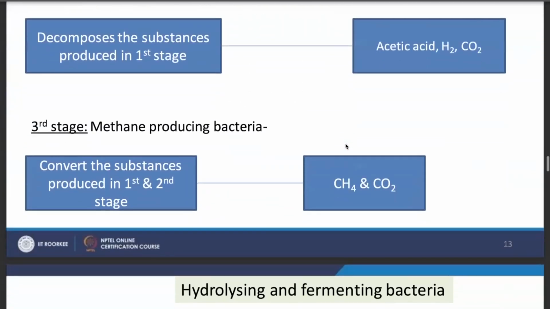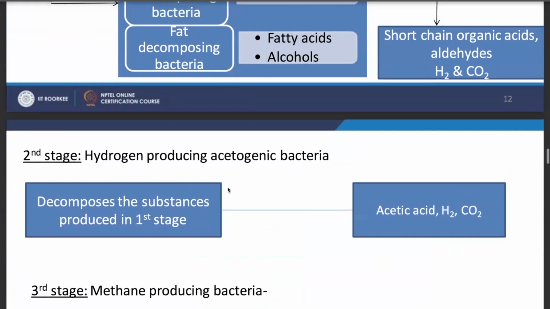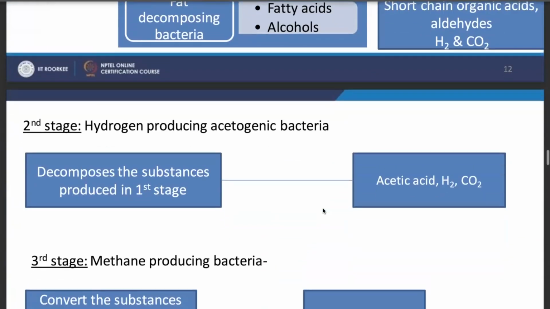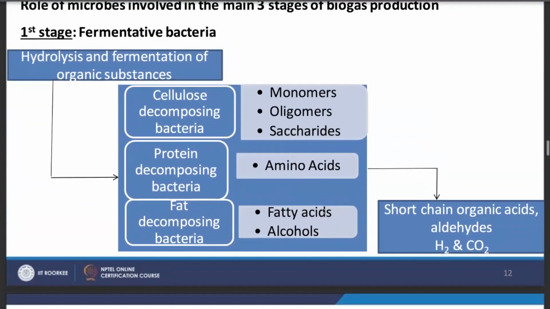This is again a brief description of the anaerobic digestion process, and there are redundancies here because I want you to understand that the whole anaerobic digestion process is primarily divided into only three stages. In one, the complex molecule is converted to smaller and simpler molecules.